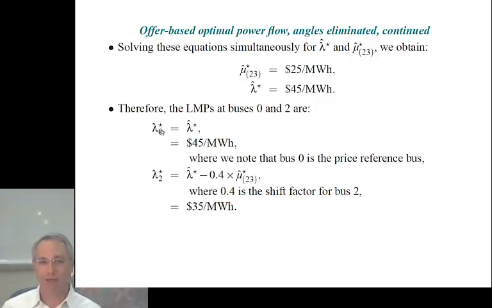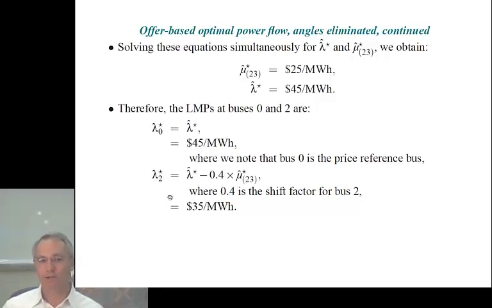So lambda star 0, that's the version from the angles included, is equal to the Lagrange multiplier on power balance in the angles eliminated. It's $45 per megawatt hour. Finally, we can calculate the LMP at bus 2. It's the LMP at the price reference bus minus the corresponding shift factor times mu hat star 2, 3, which gives us $35 per megawatt hour.